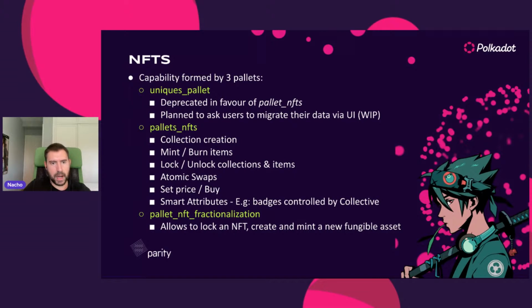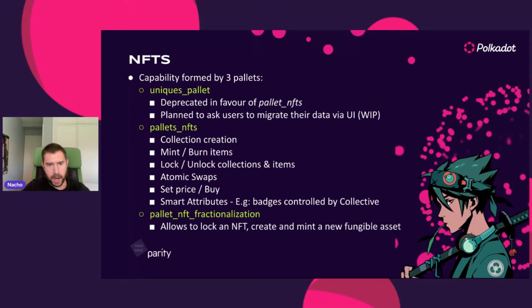Then the new NFTs pallet, where you can create collections, mint and burn items inside those collections, lock and unlock collection items, and atomic swaps. Basically, it's an end-to-end exchange of tokens without the need of a marketplace or any kind of intermediary.